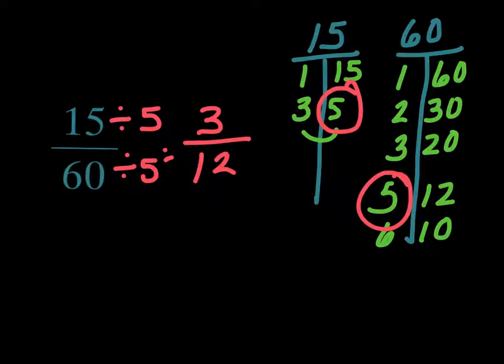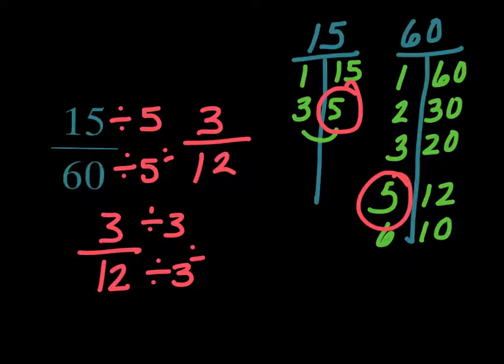And if I wasn't looking very carefully, I might not notice that 3 is actually a factor of 12. So I could simplify this even further by dividing 3 and 12 by 3. And that would actually give me my simplified form of 1/4.